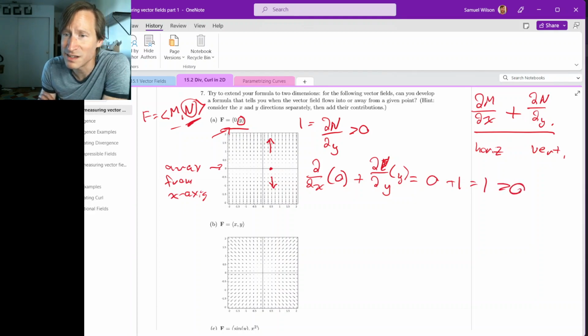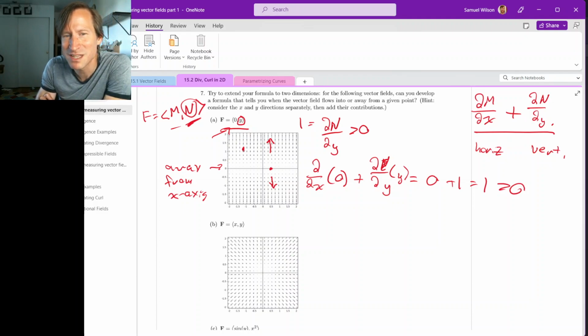And this is positive, which should lead us to believe that this vector field is flowing away from not just the x-axis, but actually every point. And that's true, because if you look at some other point, the vectors below are flowing into this point, but since they're shorter, they're flowing in at a slower rate than the vectors above are flowing out.